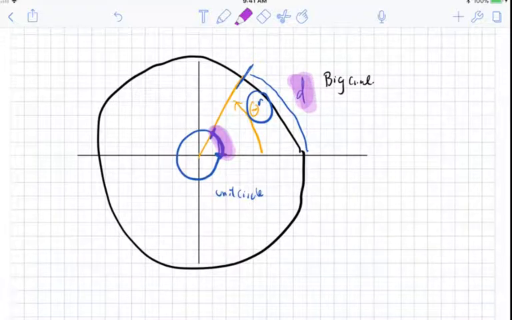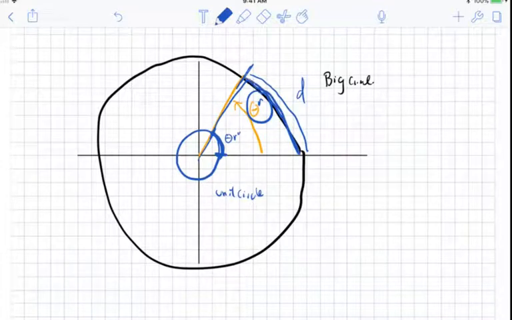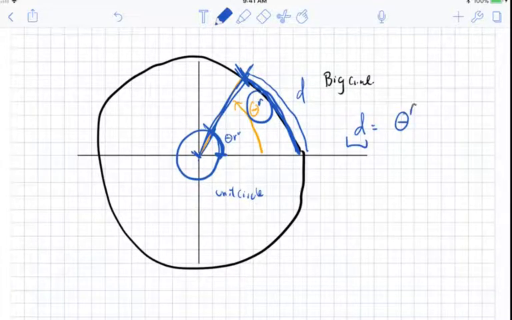And the interesting thing here is that if you know what this length is in radian measure, the length of this side is going to depend on how much larger this radius is than the radius of the unit circle. It's going to be proportionately larger, which comes down to this: the arc length is going to be the angle in radians times the radius.